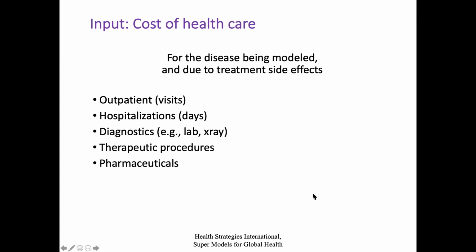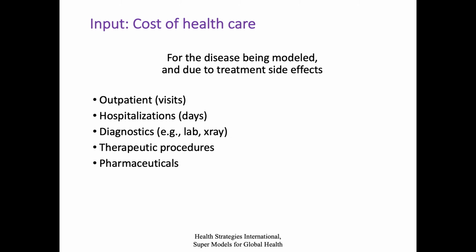And we need to understand the cost of healthcare. Now, this is important both because we want to understand the costs associated with the disease, and we want to understand the costs averted by preventing disease, and finally, the cost of treating side effects. And these are usually quantified using both the number and cost of different types of health services.